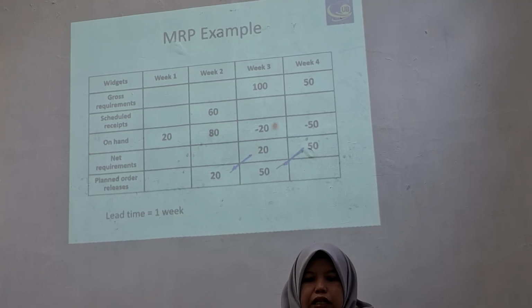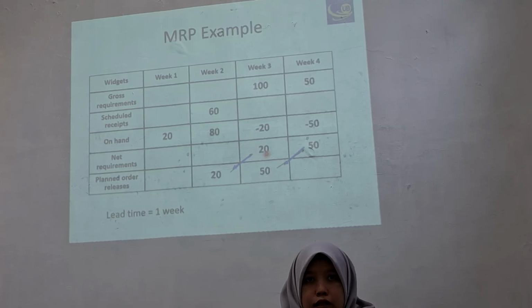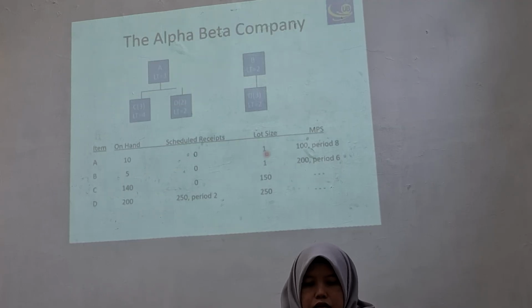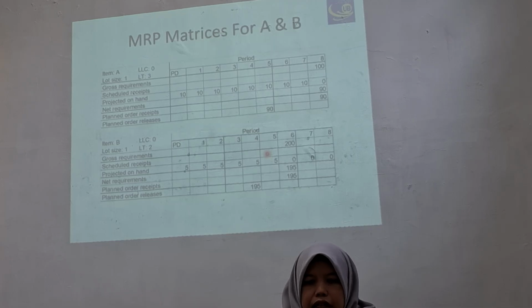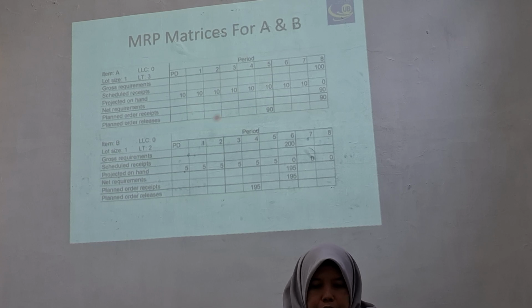To fulfill minus 20, the net requirement is positive 20. Yeah. Thank you, Rio, for the correction. But I think it is clear about the calculation for the MRP matrix.